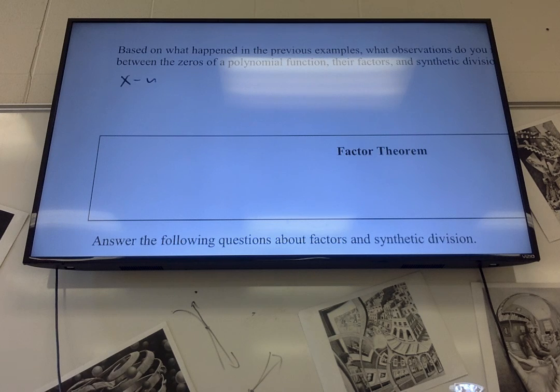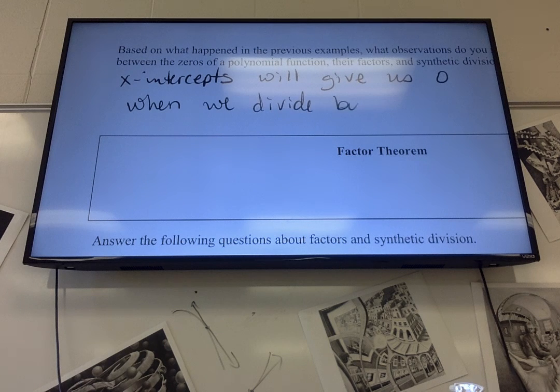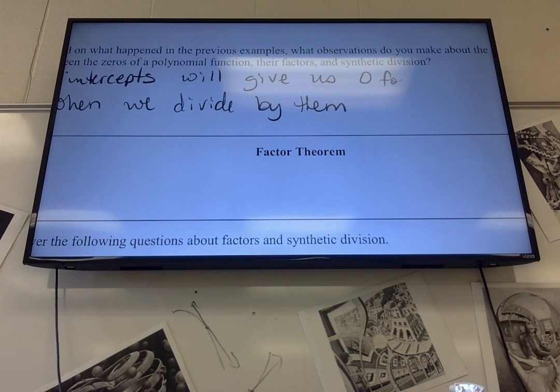The x-intercepts will give us 0 when we divide. Give us 0 for the remainder.